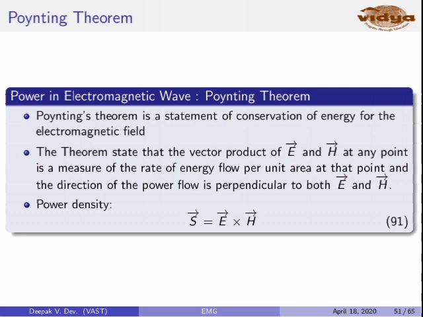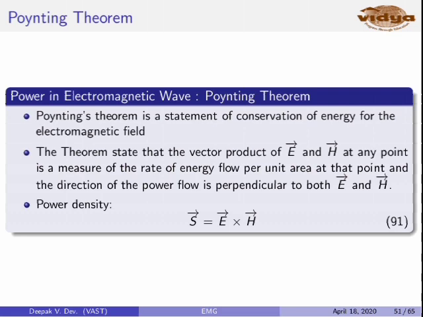Energy flow means it is the power per unit area, and its direction will be perpendicular to both electric and magnetic field. So if you take the vector product, you will get another vector whose magnitude directly gives the power density at that point, and its direction will be perpendicular to both electric field and magnetic field.